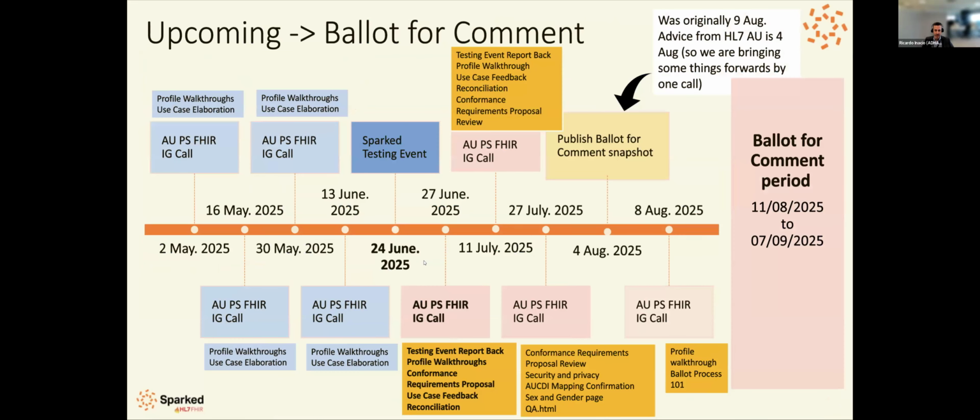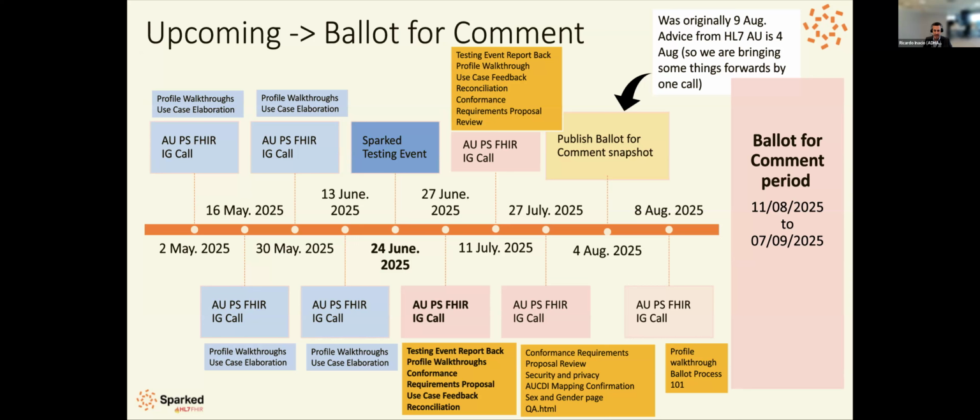Another slide that you would have seen before, again, just a very high-level view of the timelines we're working to. We're currently approaching the ballot for comment period, which will run from the 11th of August till the 7th of September.